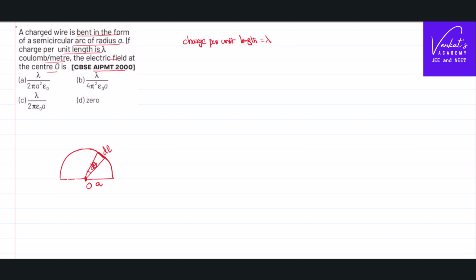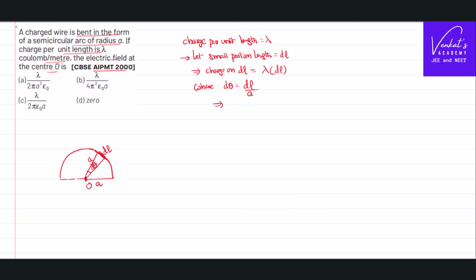Let the small portion length be dl. That implies the charge on that small portion is charge per unit length multiplied by length: lambda multiplied by dl. Since dl is not part of the given data, we write it using the definition of angle: arc by radius, that is dl by a.